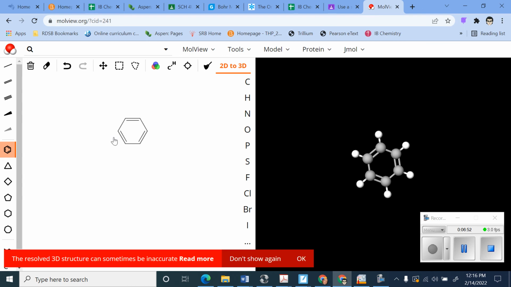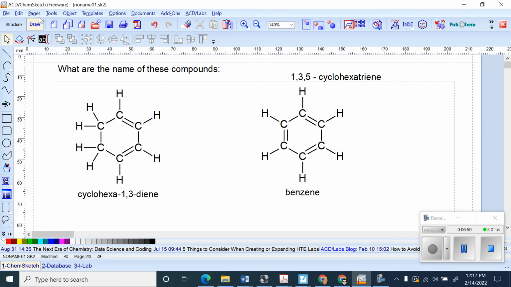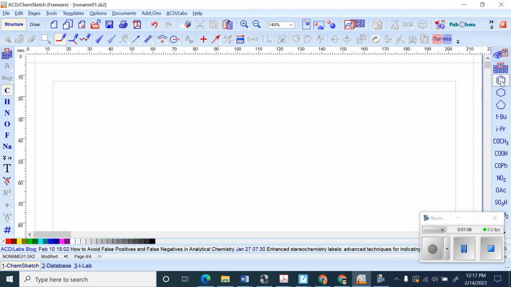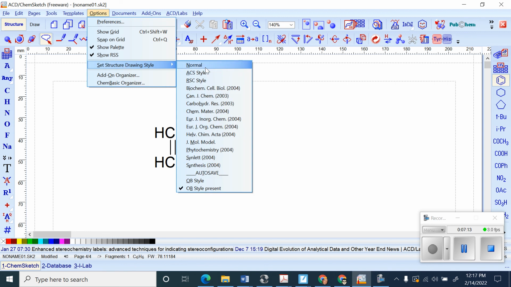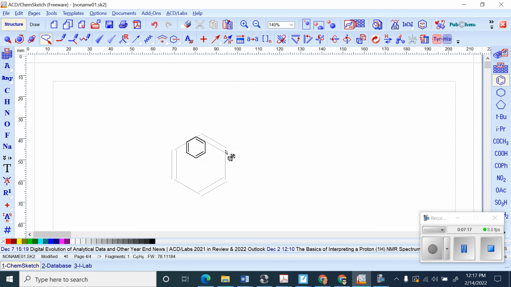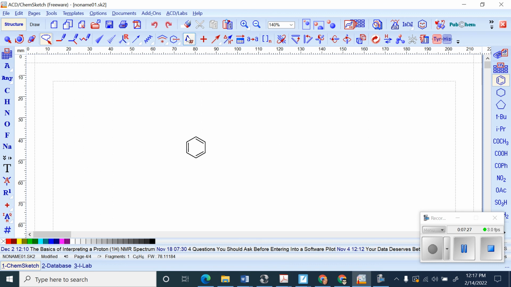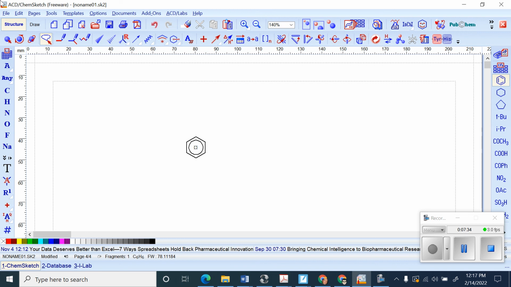This is the skeletal formula. Sometimes benzene is also shown like this, and sometimes it's shown as just a hexagon with a circle in it.